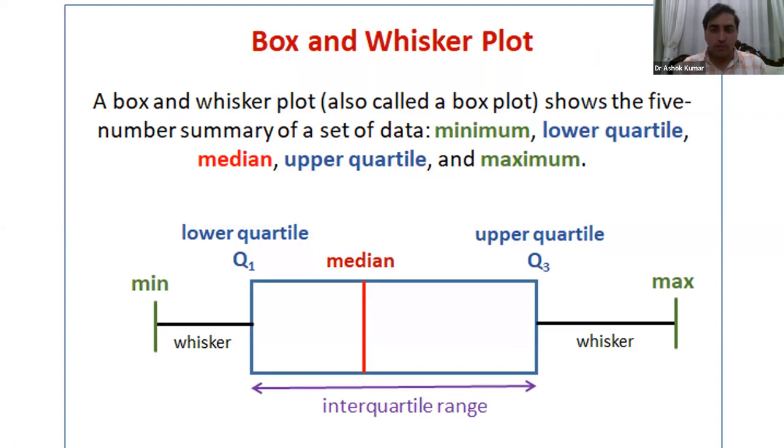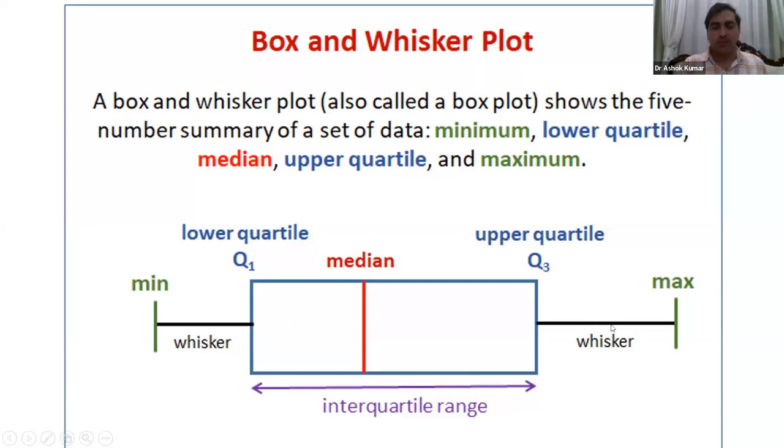That is the minimum; Q1, called the lower quartile or 25th percentile; the median, this dark line, which is Q2 or middle quartile; then the upper quartile or Q3; and the maximum here. And these are the whiskers.